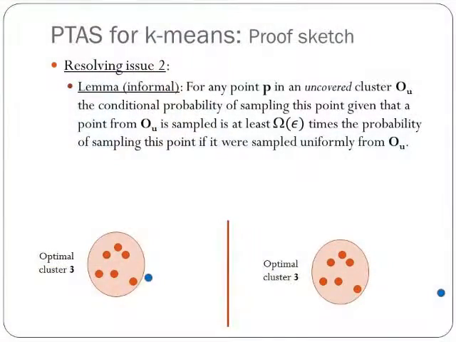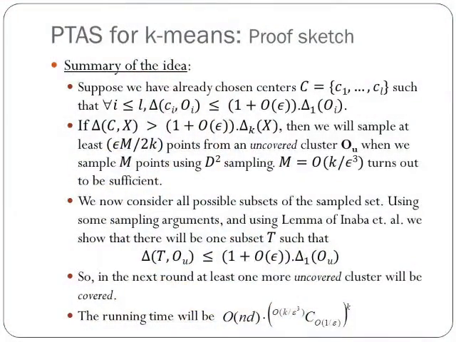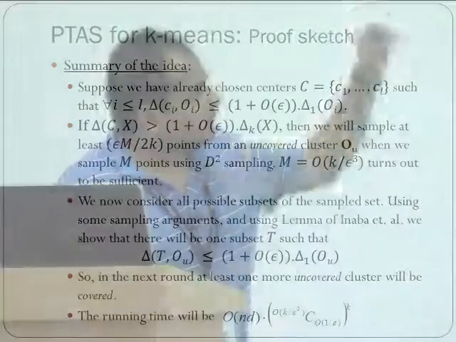You can quantify whatever idea I'm describing in this slide, and you can argue that the conditional probability of sampling a point is going to be close to what you have if you do uniform sampling. This slide quantifies everything. The basic idea is that you sample a lot of points and consider all possible subsets.